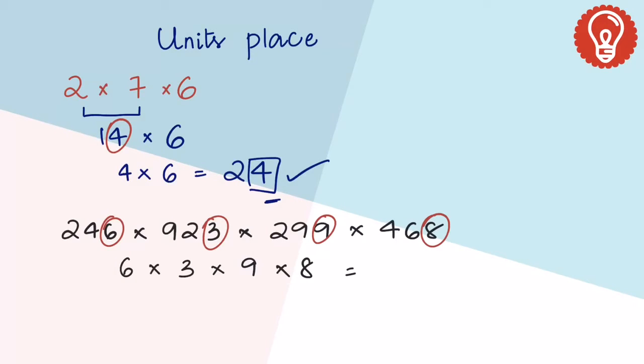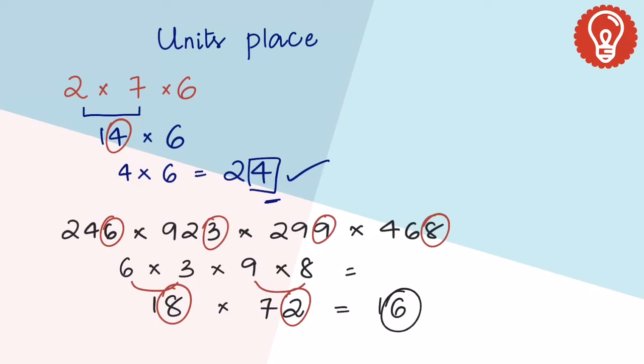On multiplying 6 and 3 first and 9 and 8 next, 6 into 3 gives us 18 and 9 eights is 72. Again, focusing only on the units place of these numbers, 8 into 2 is 16. Therefore, 6 comes in the units place of this product.